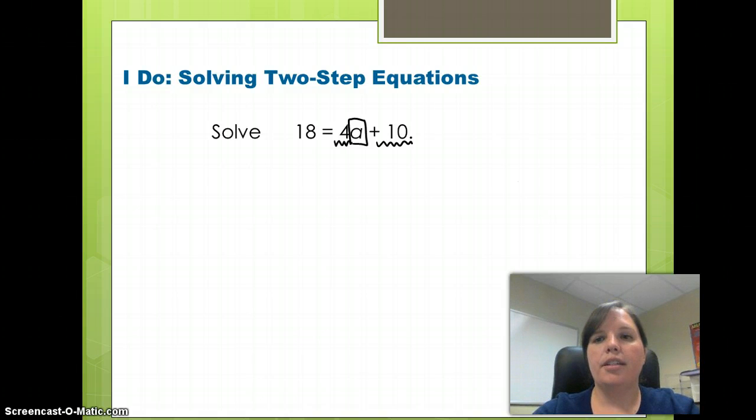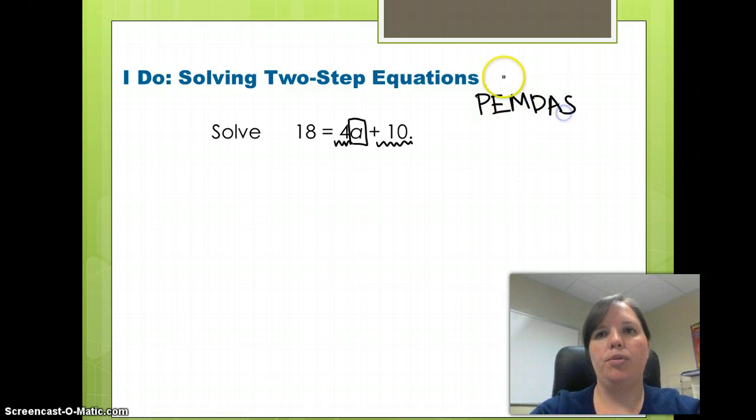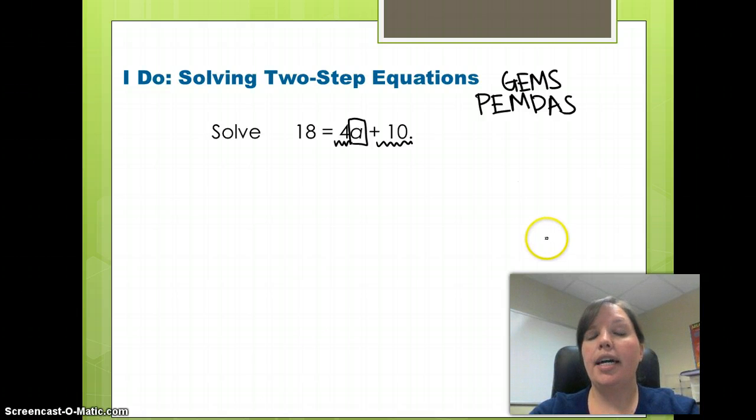The other thing that's important, just like when we're doing operations normally, is what order they need to go in. So this is not, and I'll write up PEMDAS, but GEMS would also work. This is not 100% of the time, but it is kind of a guideline.